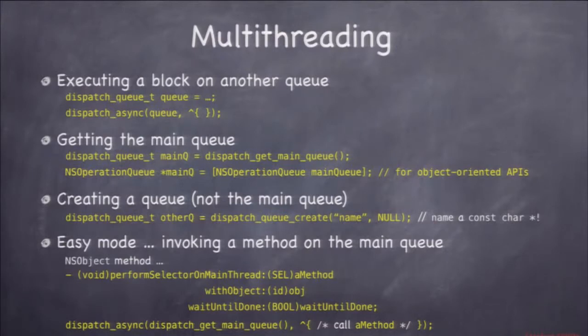Usually for waitUntilDone, we would say no, we don't need to wait. We're going to call this method on the main queue, and whenever it executes is when it executes. So this performSelectorOnMainThread is just like saying dispatch_async onto the main queue a block that just calls that method. That's all it really is. But it's just kind of easy mode. It looks nice. You don't have to do the dispatch async business. But you've got to be able to have one method to call. You put all the stuff you want to do in one method.